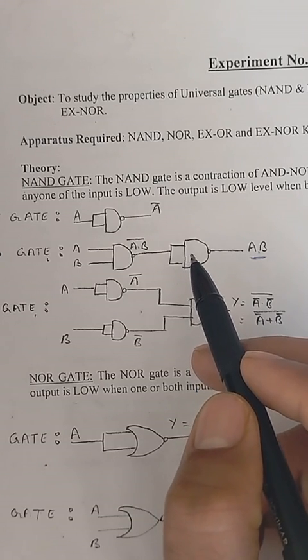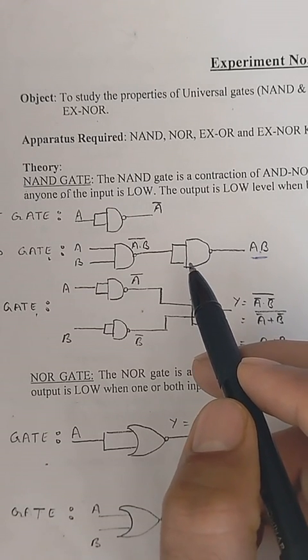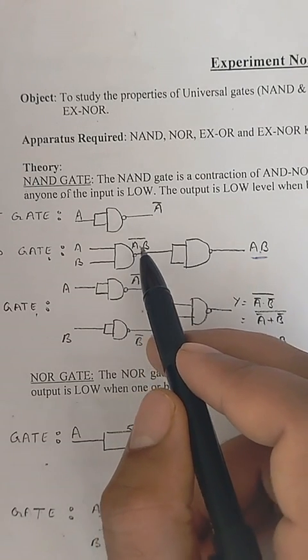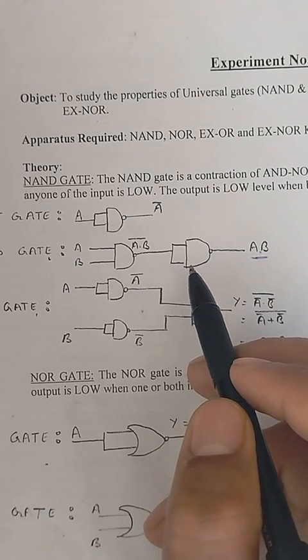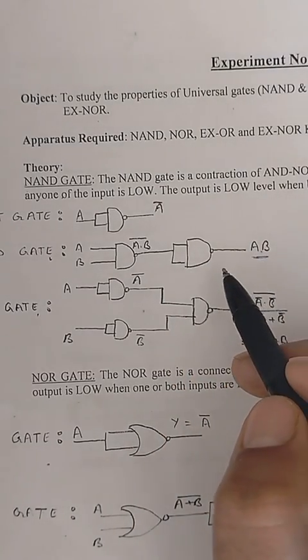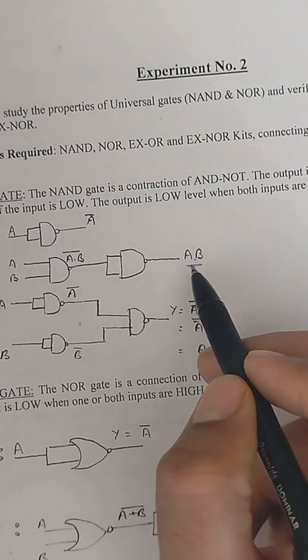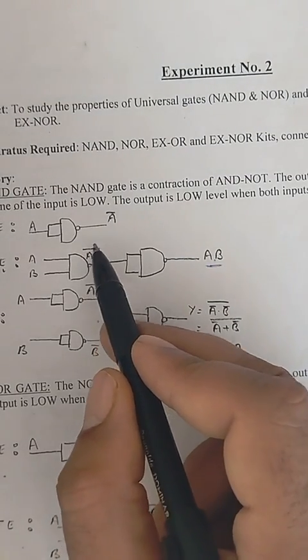You can see this is your NAND gate used as a NOT gate. You can see this gate is actually a NOT gate. If you apply (A dot B) bar, the output of the first NAND gate, to the input of the NOT gate, the output becomes A dot B, because the bar will be cancelled.